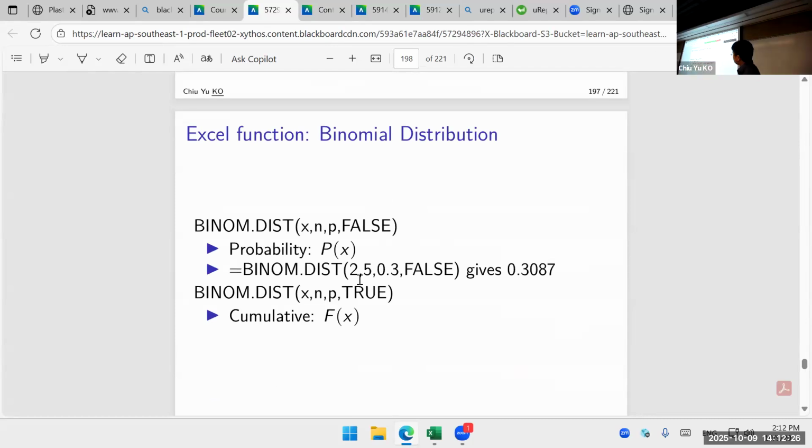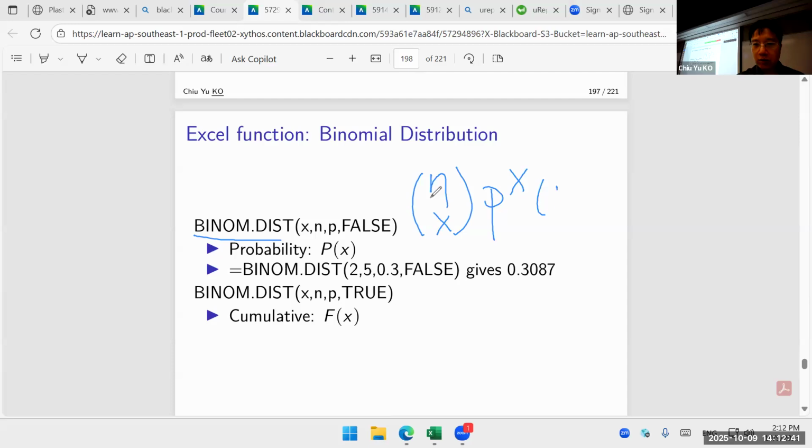So this is doing what? This is binomial. If you remember, this is the P function, nCx, p^x, (1 minus p)^(n minus x).